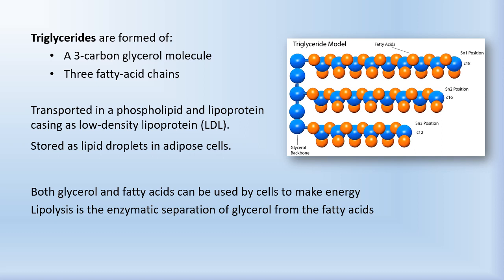The process of breaking them down is known as lipolysis, and there are various enzymes within adipose cells involved in this process, but one of the main ones is a lipase called lipoprotein lipase, and this separates the glycerol from the fatty acids.